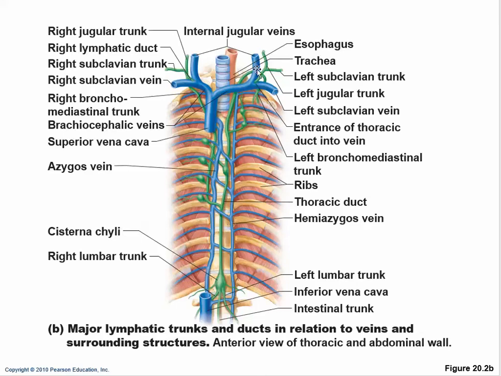So the subclavian, the jugular, and the duct all come together to form the brachiocephalic vein. On the other side, same deal, comes up and ends up in the same spot. Just the other side. Far less feeding into it.